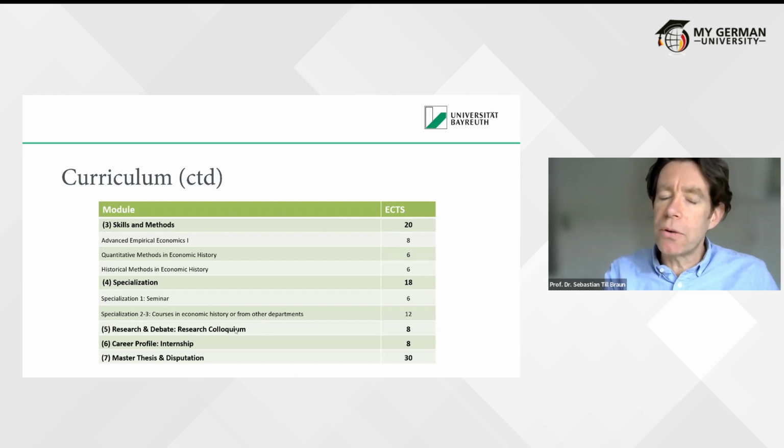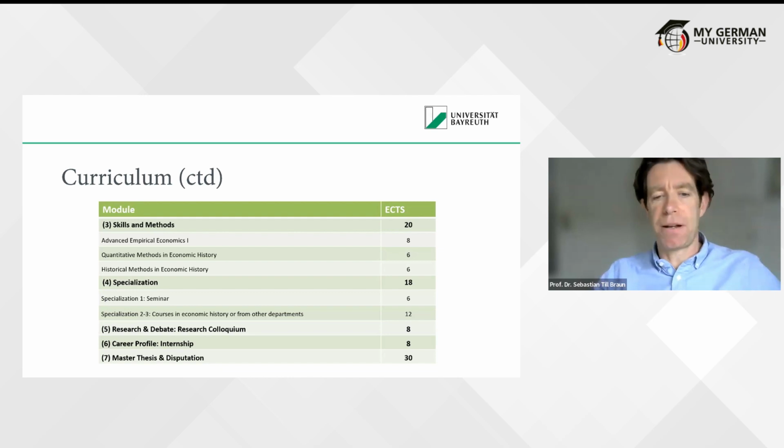What is, I think, also interesting is that we have this research colloquium, especially if you are interested in doing a PhD afterwards. This is where we invite external researchers from other universities to come to Bayreuth and talk about their research. In preparation for their talks, we have students presenting a paper that is out there in the field and is somehow related to what the external speaker talks about.